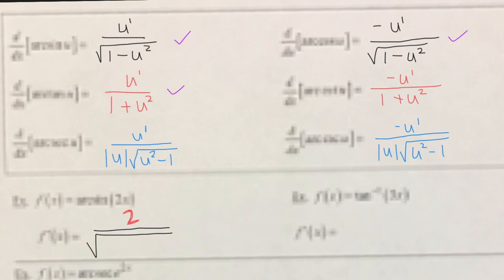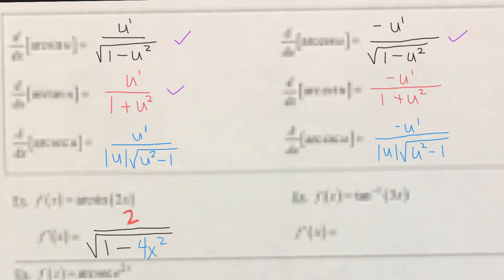And in the denominator, 1 minus 2x quantity squared, which we know how to do. 2x squared is the same as 4x squared. So that is the complete answer.